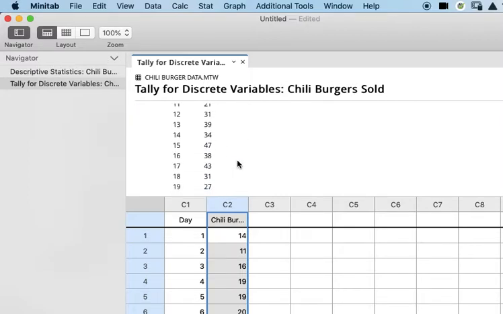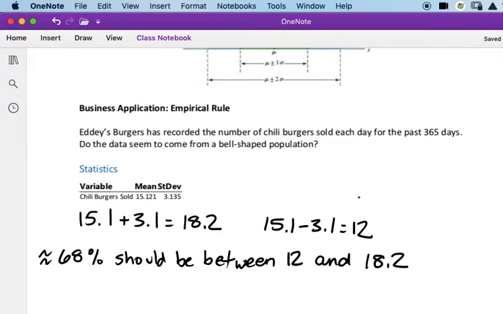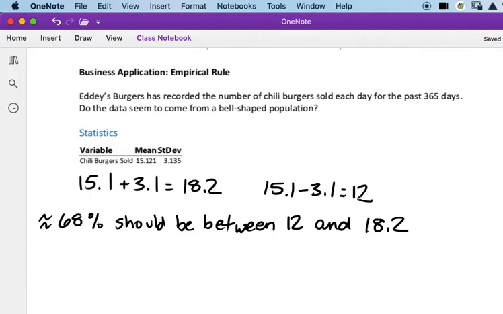So I want to find how many times numbers between 12 and 18.2 appear. So what I would do is I would add 31 plus 39 plus 34 plus 47 plus 38 plus 43 plus 31. And if I add all those numbers, what I should get is 263. And then I divide that by the total number of numbers there are, which is 365.